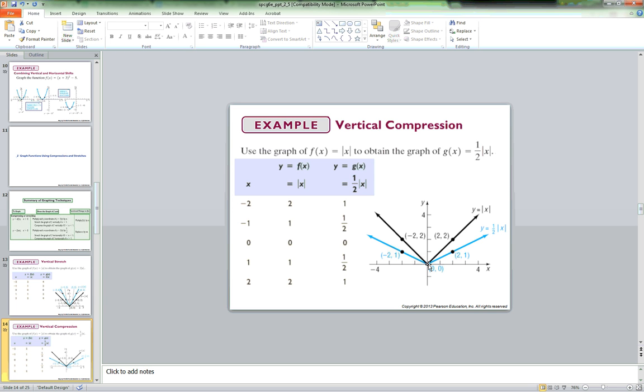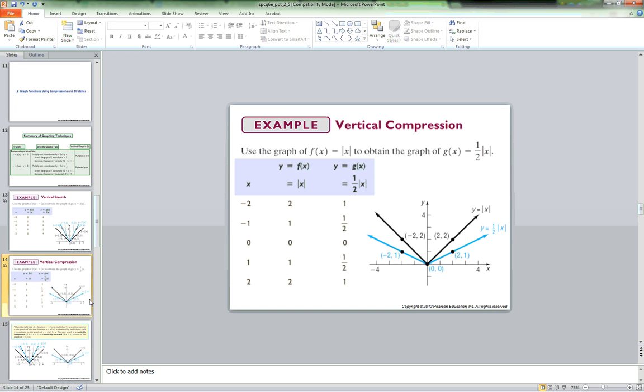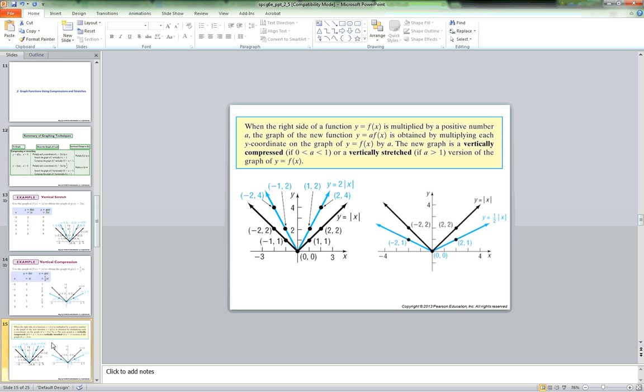You should have the tall and skinny one that gives you the vertical stretch, and the short and fat one that gives you the vertical compression. All right, and that just summarizes.